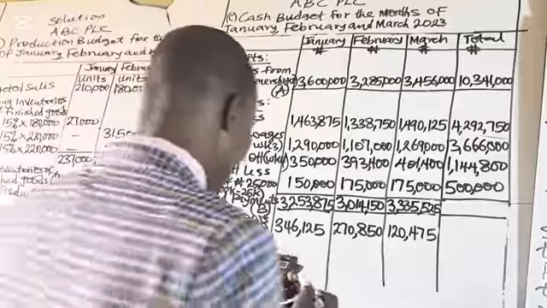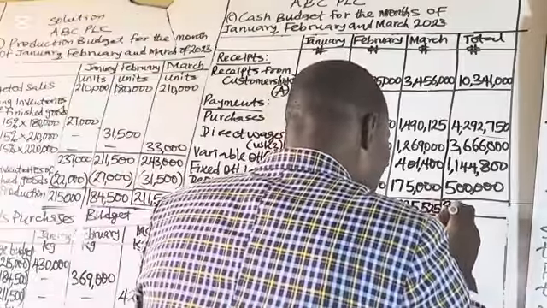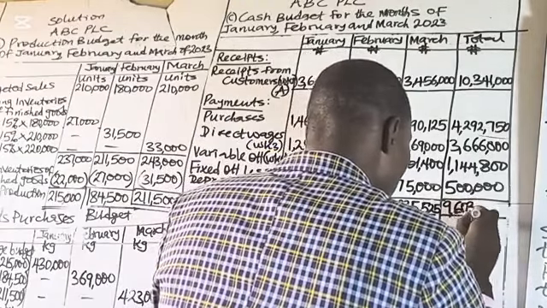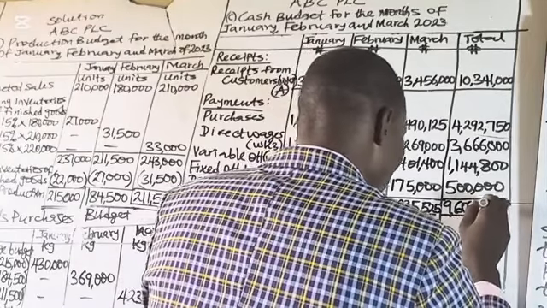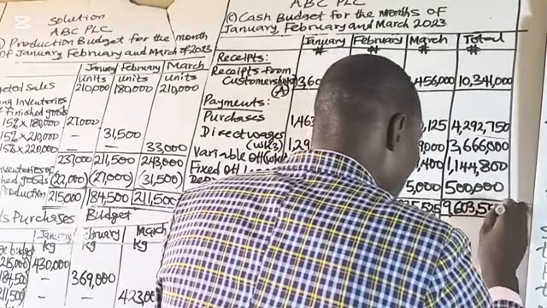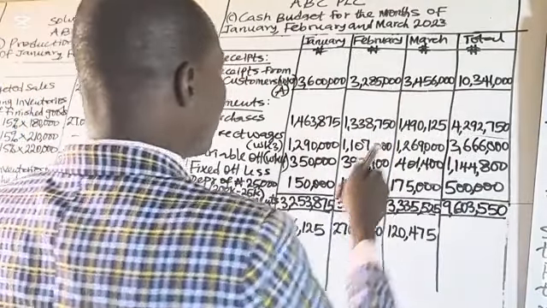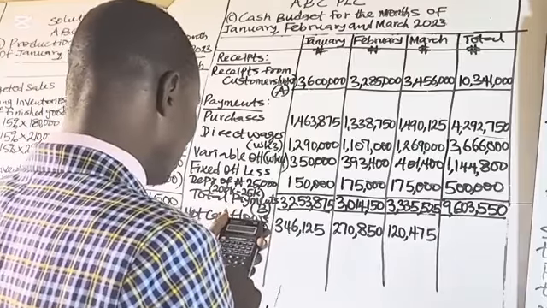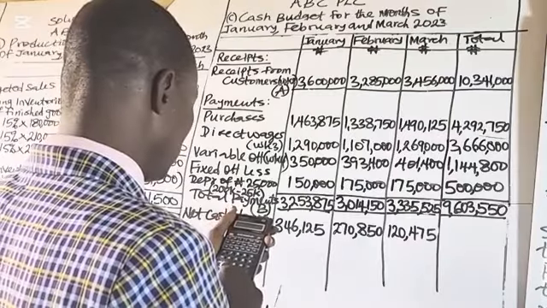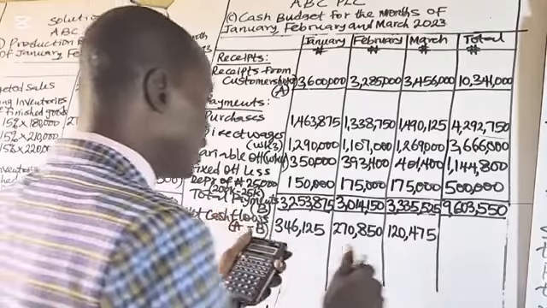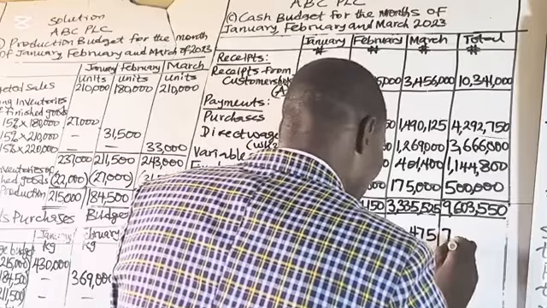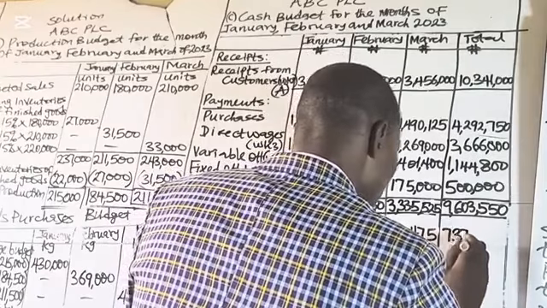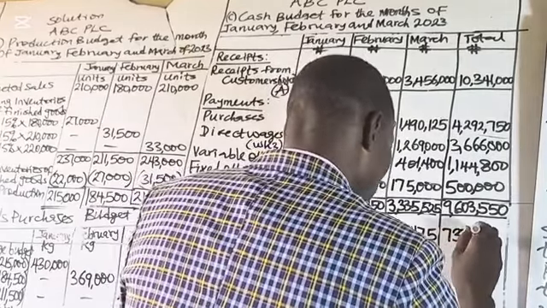This is totaled 9,603,550. If you subtract it from the total receipts of 10,341,000, you have the net cash flows of 737,450.